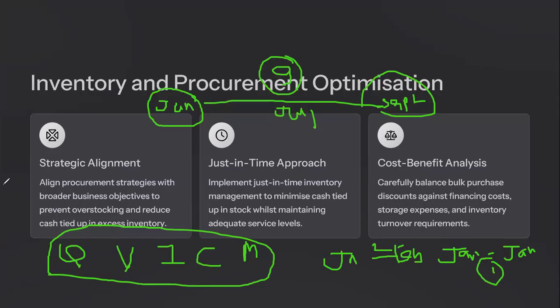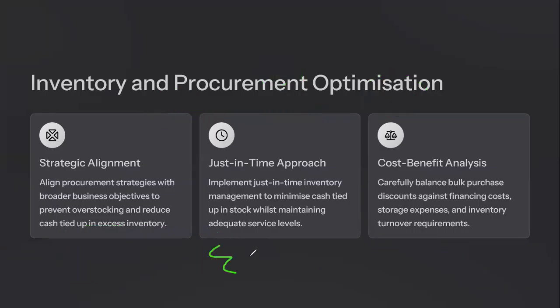So I have to follow techniques called EOQ, time analysis, just in time, and so on. And this just in time approach will reduce my stock of inventory.